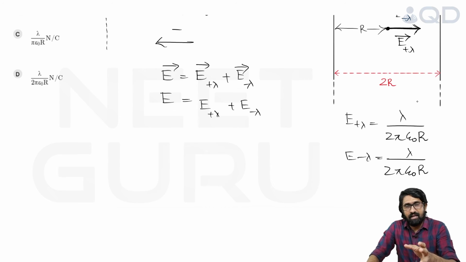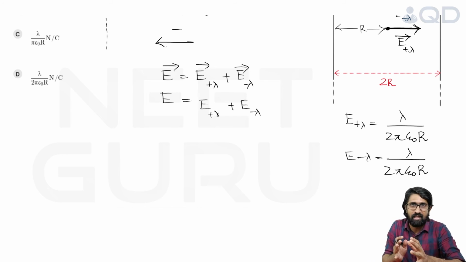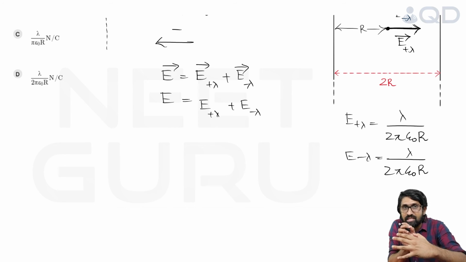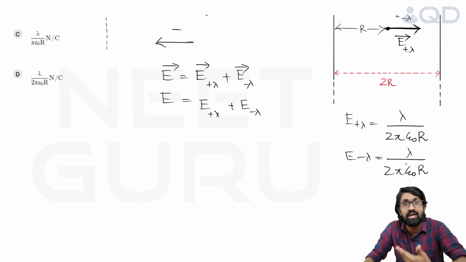The negative nature of the second line charge has already been considered when we discussed the direction in which the electric fields will be experienced at that point. The two individual electric fields will both be towards the right, and we considered the negative sign already there.